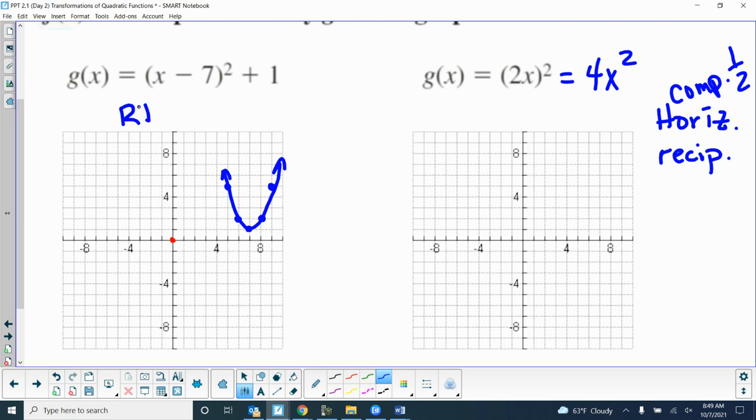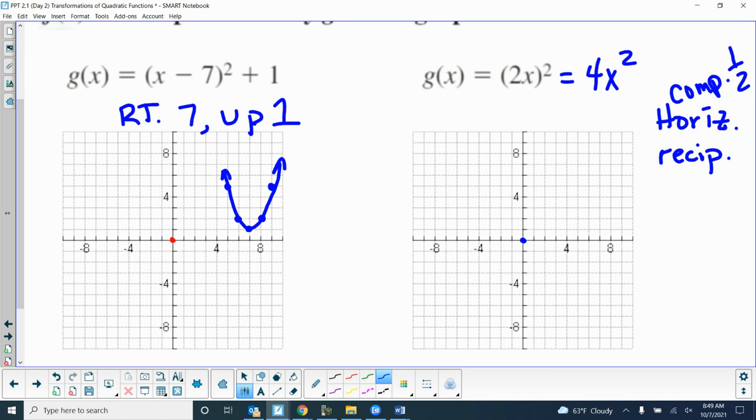You guys told me, I didn't write it down. Right 7 and up 1, right? This is a horizontal compression by a factor of 1/2. Okay? So will my vertex change at all? No.